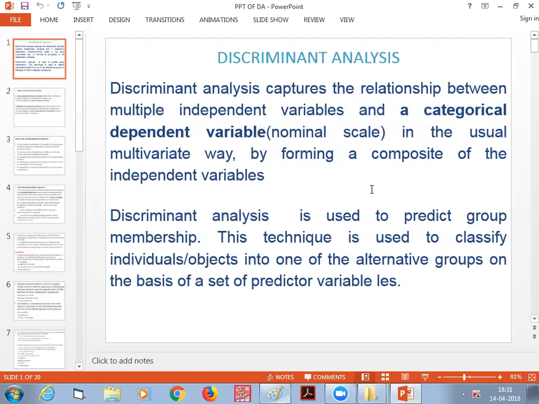Nominal means classification, like presence or absence, male or female, large or small, high user or low user, what I said. Those are nominal data, not interval or ratio data. Whereas in a discriminant model, the dependent variable value must be categorical.